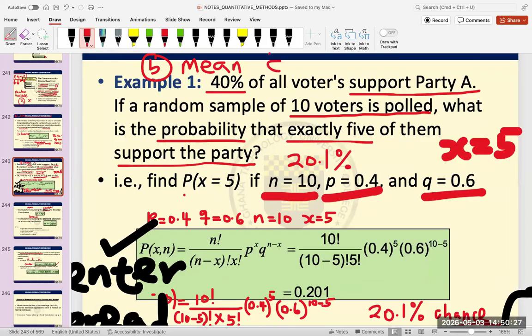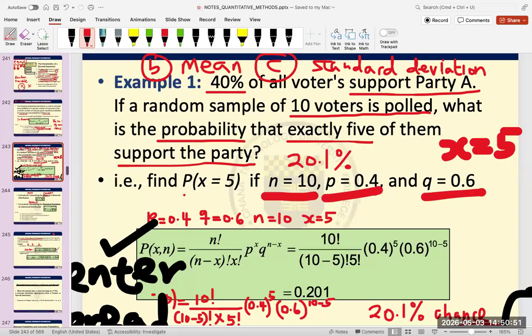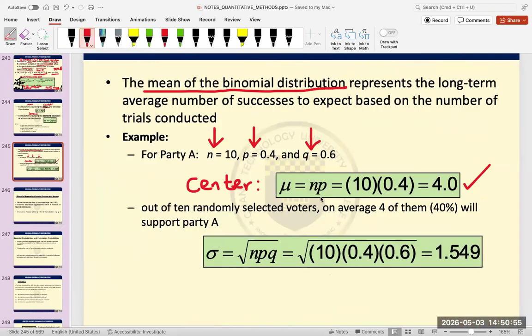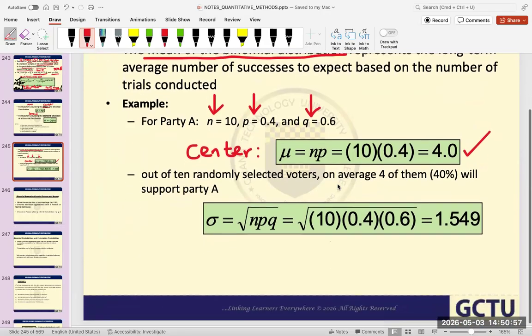And then C, we can be asked to find the spread, which is the standard deviation. And I'm sure by now you are following the trend of how the questions can be. You find the shape, you find the center, you find the spread, and then you are done. So this is the end of the binomial distribution.